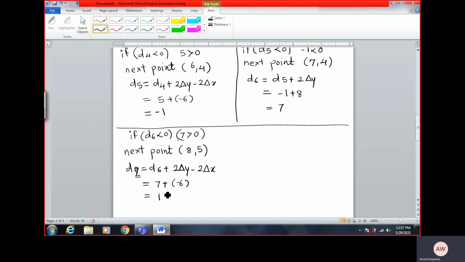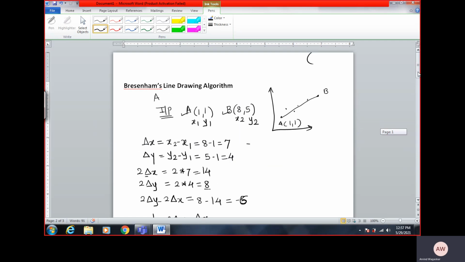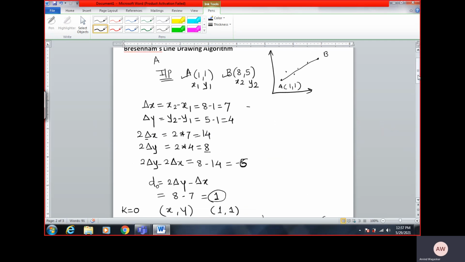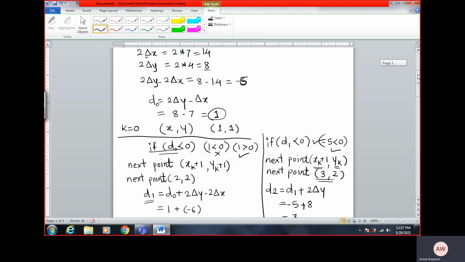Okay. Now many of you might be confused about how many steps we have to continue like this. So see, the terminating condition for this is the value of delta x. Now what is the value of delta x? It is 7. So we have to stop after 7 steps.